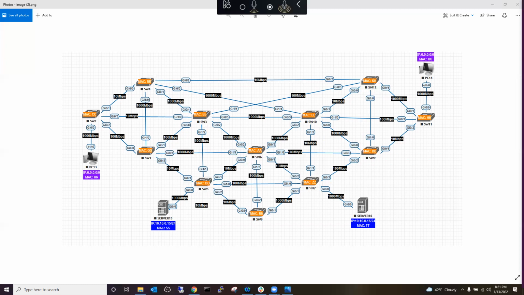Okay. So we have different VLANs in this topology? Not that I see. So what does that mean? So they all should be on a native VLAN. Excellent. So there's one VLAN.